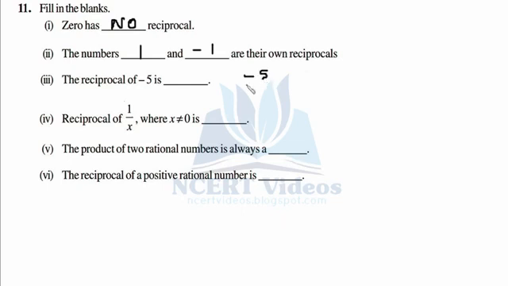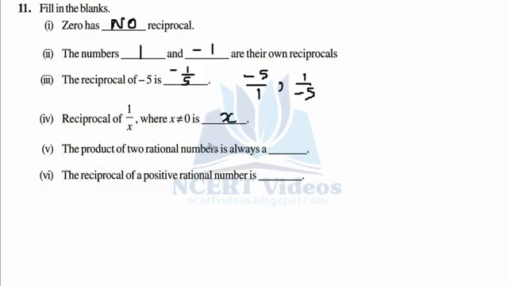So we have -5 upon 1, flip it, 1 over -5, minus 1 over 5. Fourth, reciprocal of 1 over x, where x is not equal to 0, would be, we will flip it, x over 1, or x.